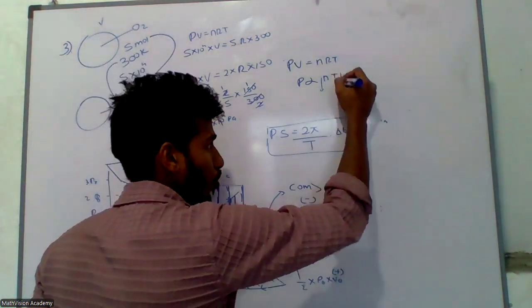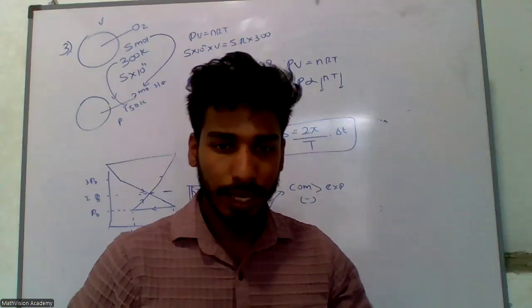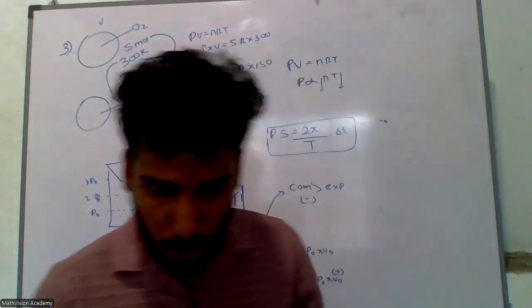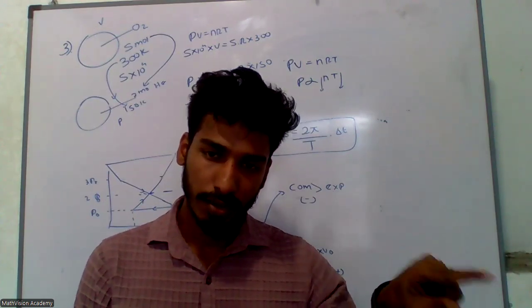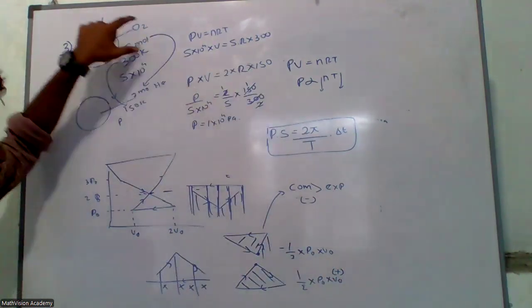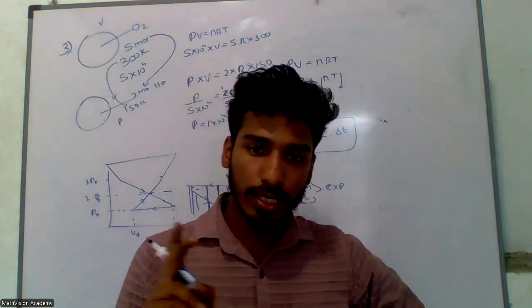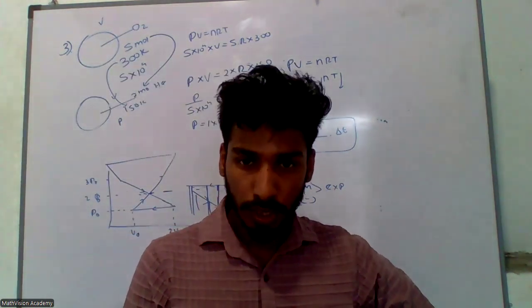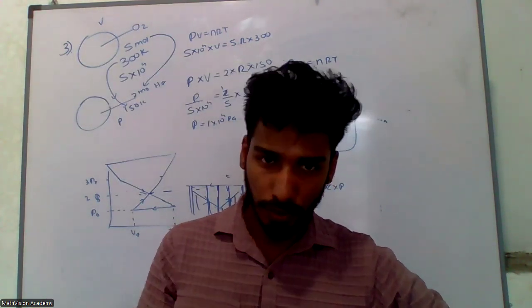So temperature is also reducing. So your first conclusion should be that the pressure is lower than 5. That means it has to be lower than the initial pressure. So you can't have answer 1, 2, 3. You can't have 1, 2, 3. It has to be either 4 or 5.